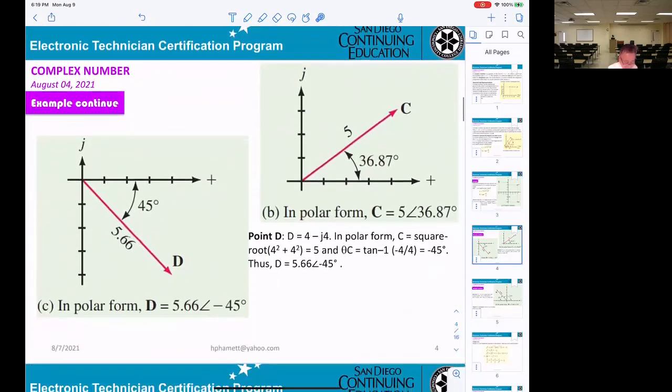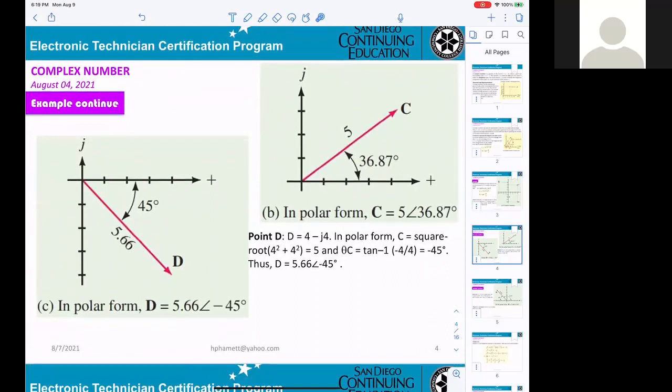Now, they did play for the point C and point D. You're looking at that, see any comment, right or wrong? Okay, so you understand point C we already showed you. You have to get the magnitude and the phase angle.